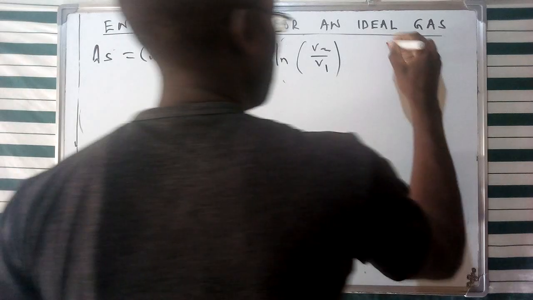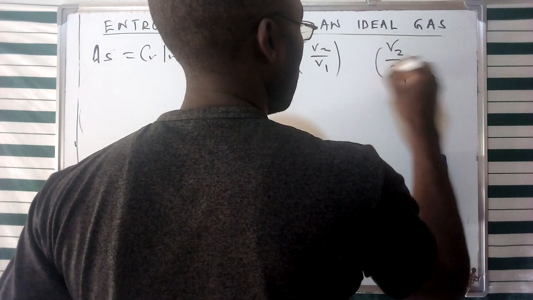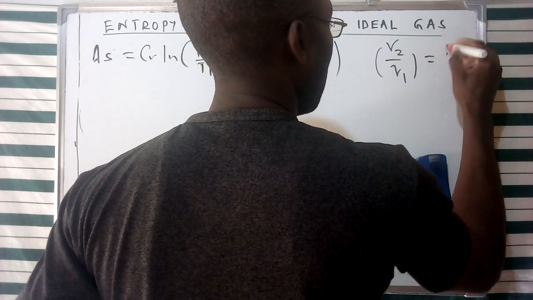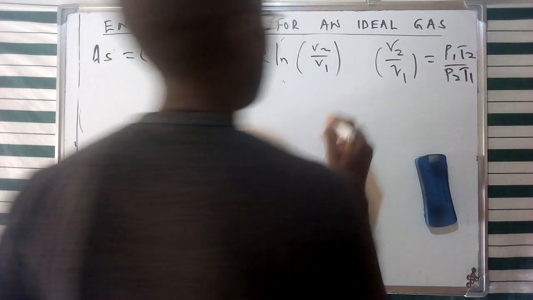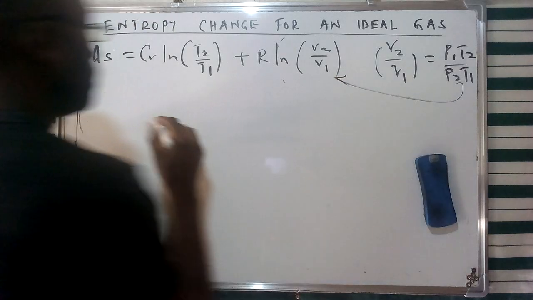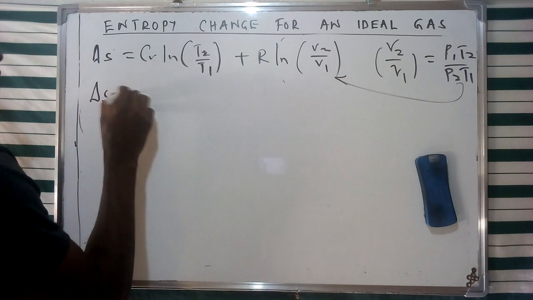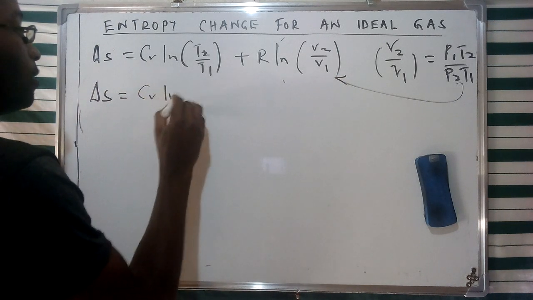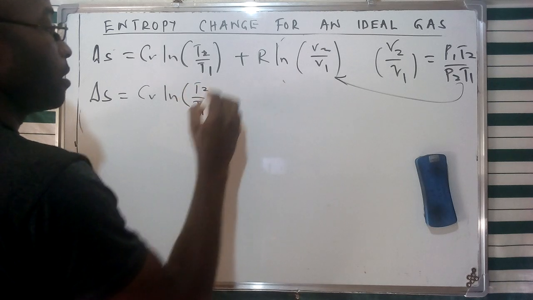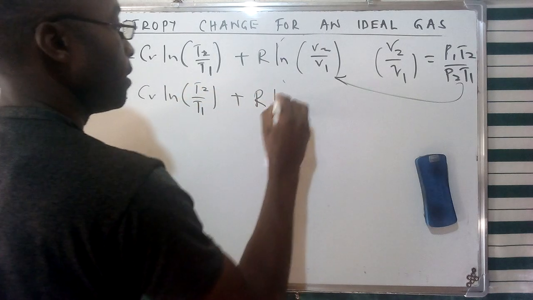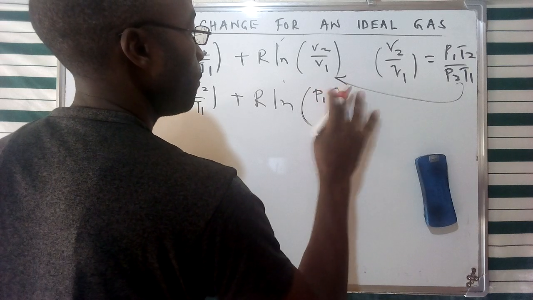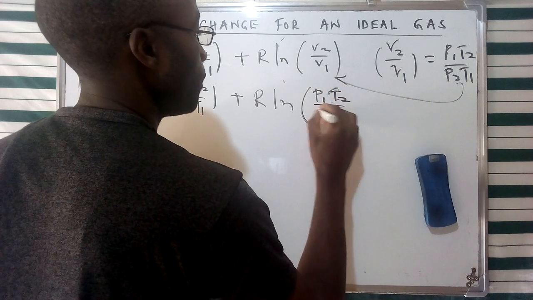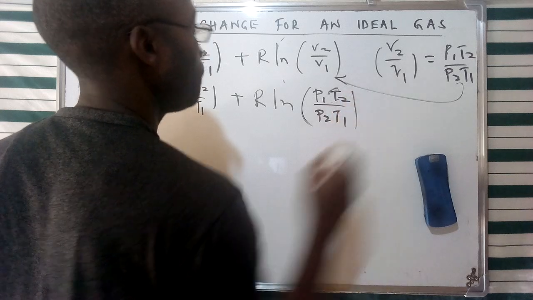But we have said that V2 over V1 is equivalent to P1 T2 over P2 T1. So we can do a substitution and have Cv times the natural log of T2 over T1, plus R times the natural log of P1 T2 over P2 T1.